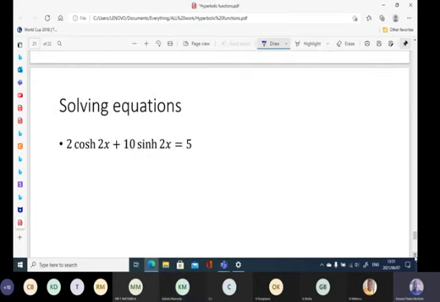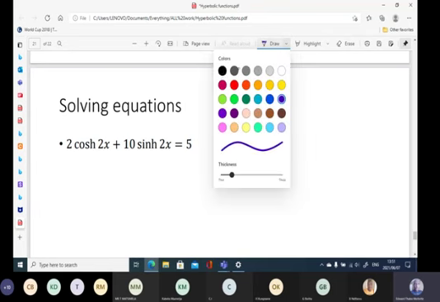So now this one again, we are going to solve it using what we call a definition.